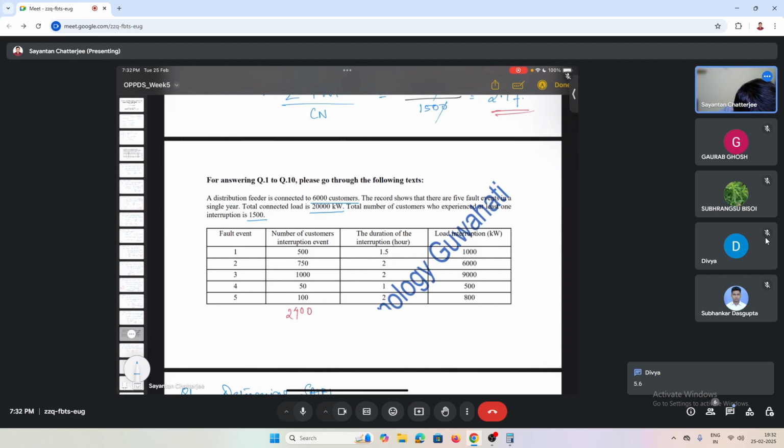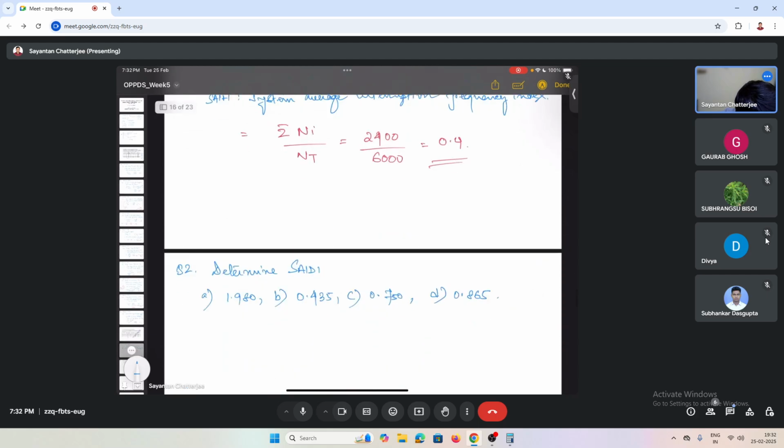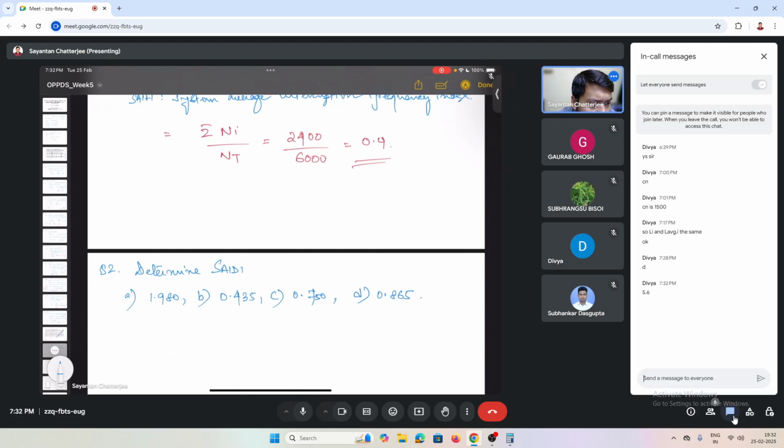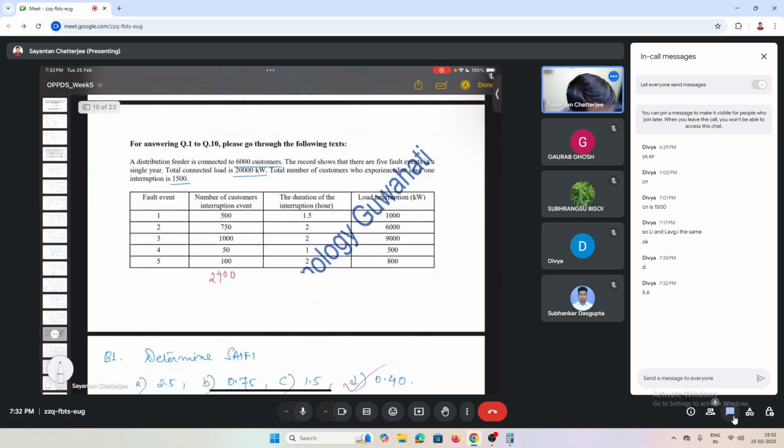5.6. 5.6 is not in the options itself. Psi d, so duration you need to take into consideration. What is numerator by denominator? The denominator, I have done wrong, sir.